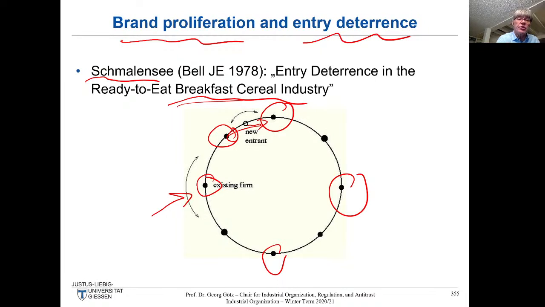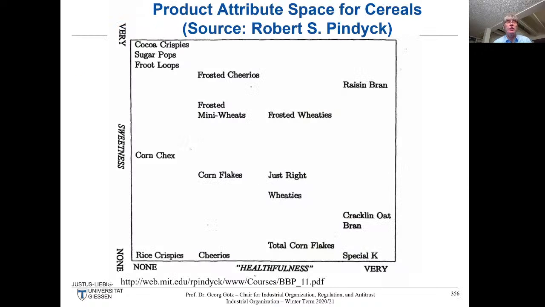So they obviously did something like brand proliferation when they faced a lot of competition, but once the competitive pressure went away, they were able to reduce the number of connections. That's what I wanted to tell you here.